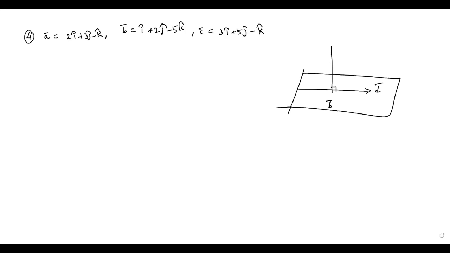B bar also lying on this, C bar also lying on the same plane only. When B bar, C bar lie on the same plane, their cross product becomes perpendicular to the plane, that is B bar cross C bar is perpendicular to the required vector D bar.